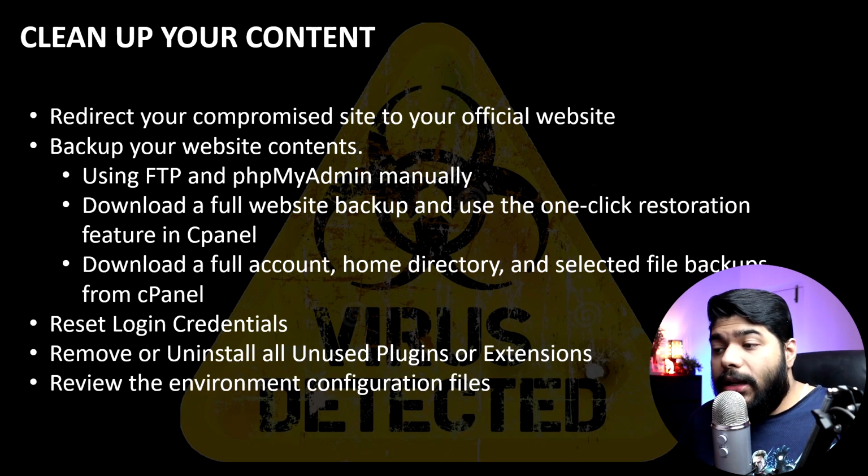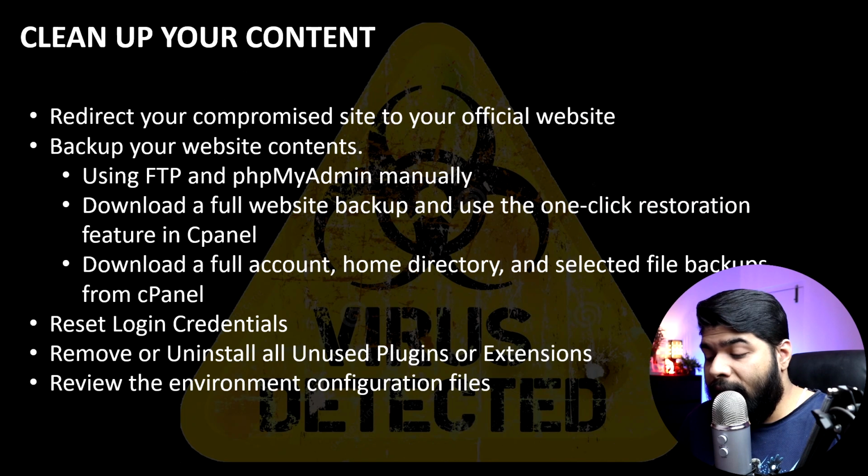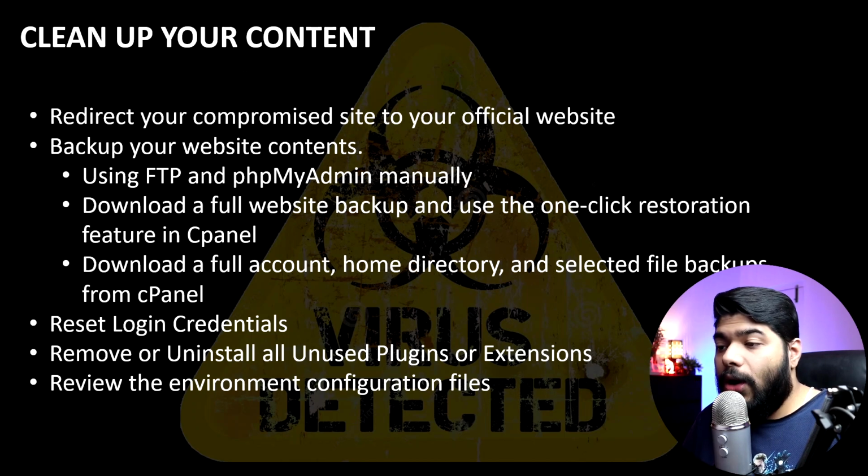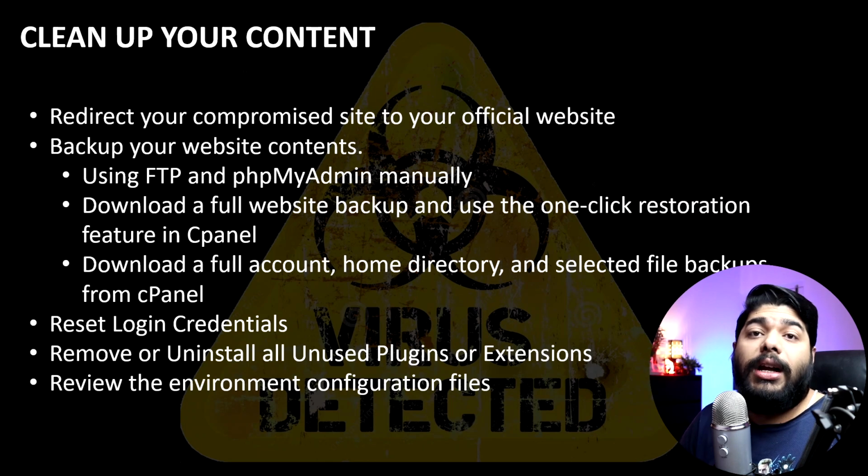And last step, review your environment configuration file, right? Because that's very important. In most cases we see that the compromise is happening from modifying some of your configuration files and stuff like that. So if your website got hacked and you are at the phase of making it live after doing all of these cleanup steps, you have to review your environment configuration file.